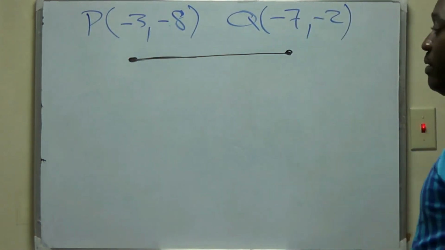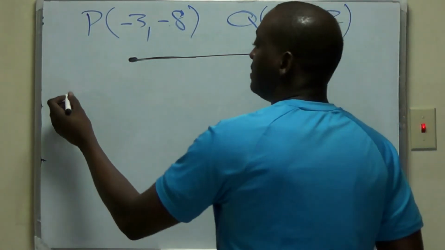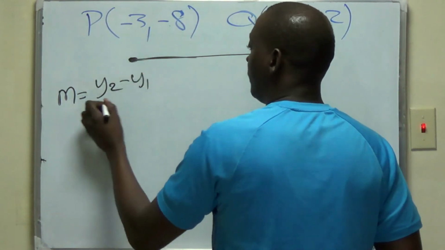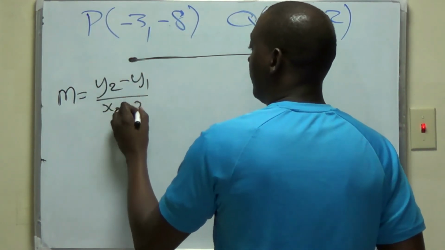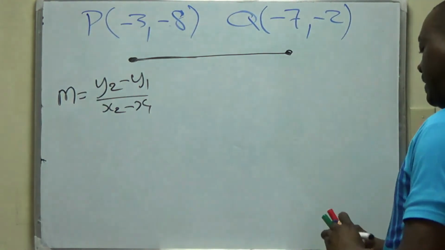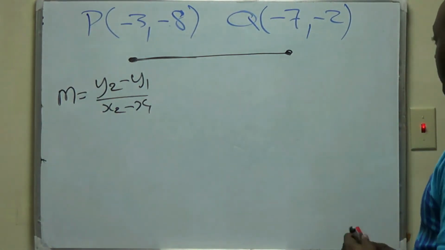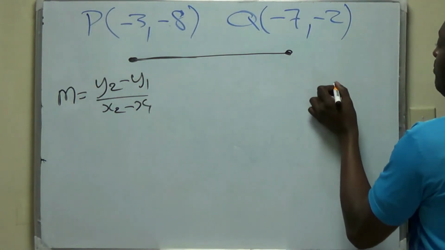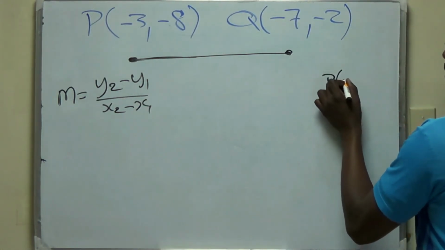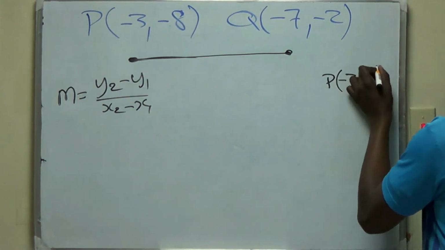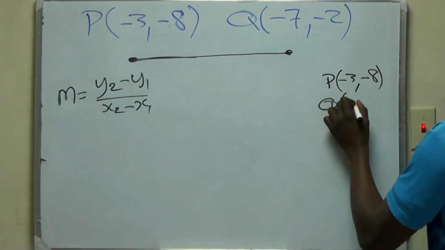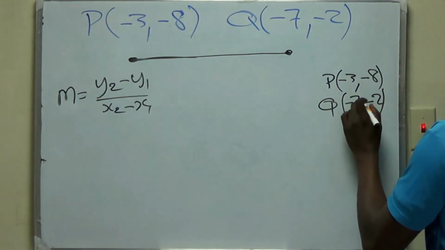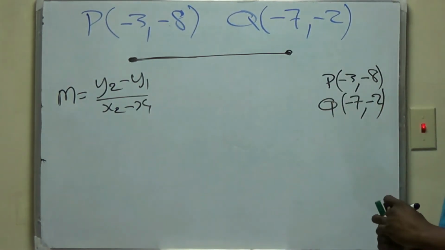So we know that the gradient is m equals y2 minus y1 over x2 minus x1, right? And again, just as an aside, you could choose to use the technique where you write the points down side by side: P is (−3, −8) and Q is (−7, −2).